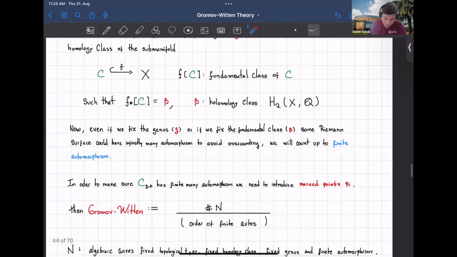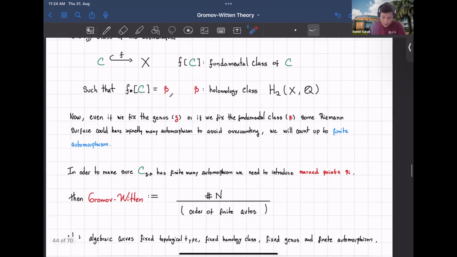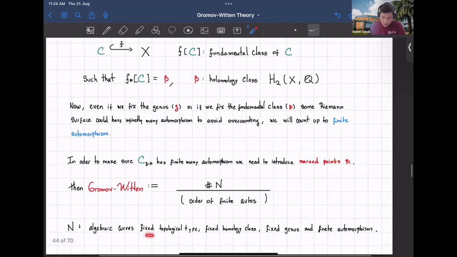Yes. So what is Gromov-Witten doing? Roughly speaking, it is counting algebraic curves with fixed topological type, fixed homology class beta, fixed genus, up to finite automorphisms. So the number of all these curves divided by the order of automorphisms.